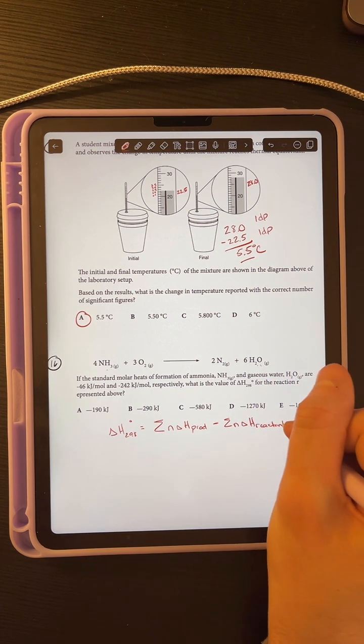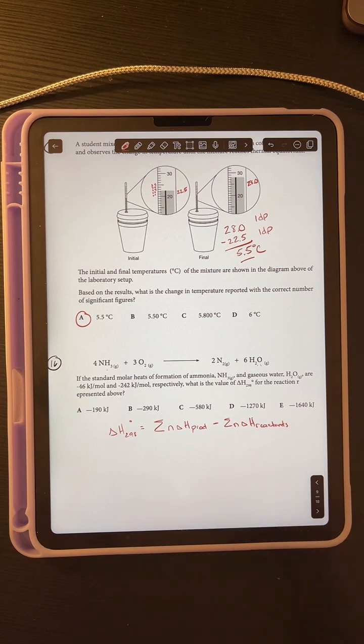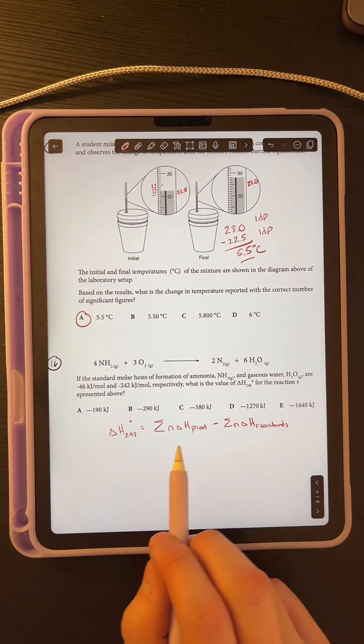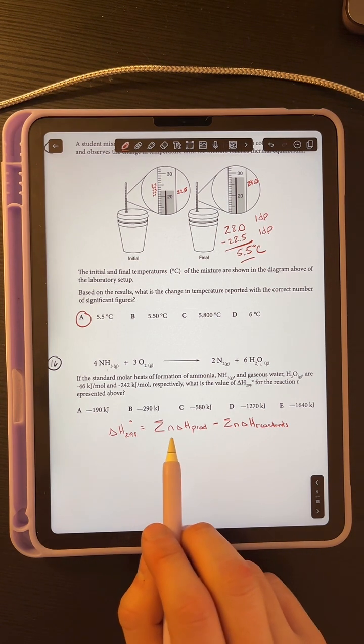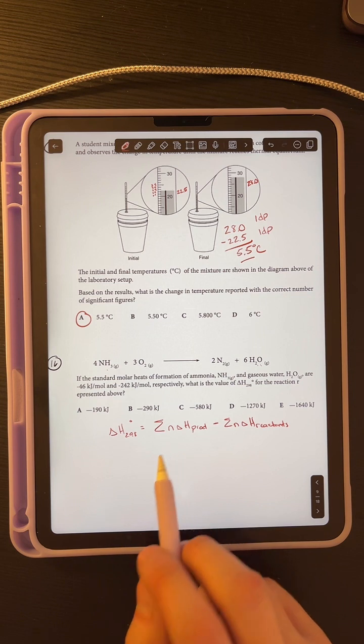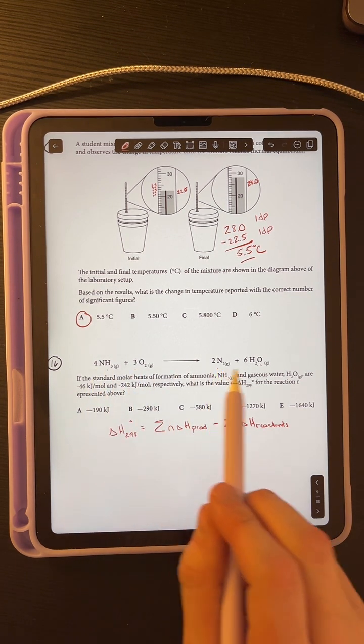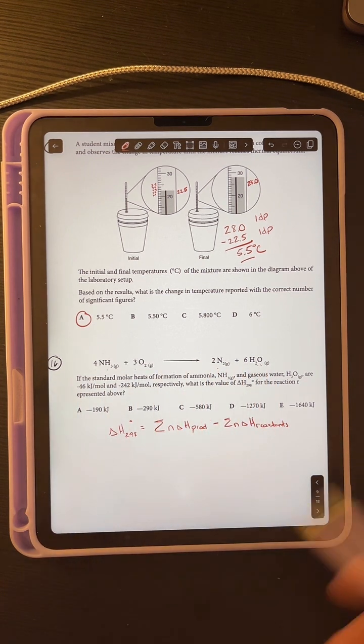So in this case, it is products minus reactants. A lot of the times it will be products minus reactants here. So let's take a look at what this means. Well, this N we know is moles. And so moles, that is just the stoichiometric coefficient, so the coefficient out in front of the balanced chemical equation.